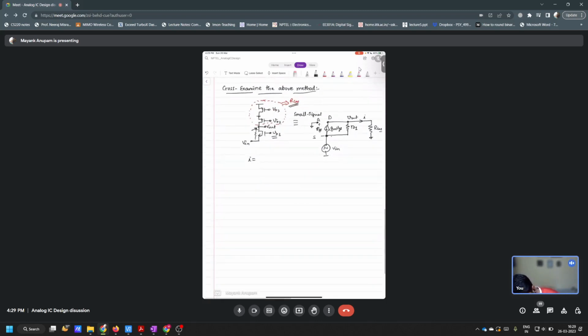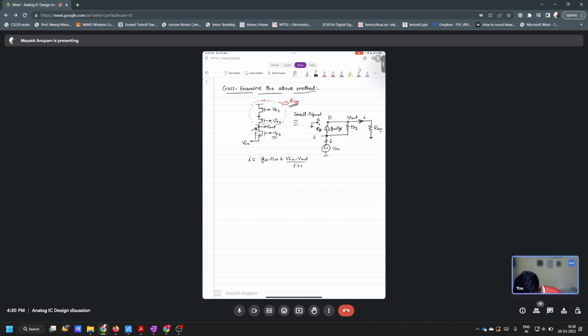Cool. And now I will be equal to what? This current that is leaving here. I should be equal to Gm times V in, plus V in minus V out by RO1.